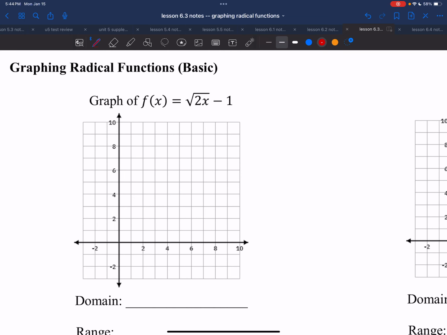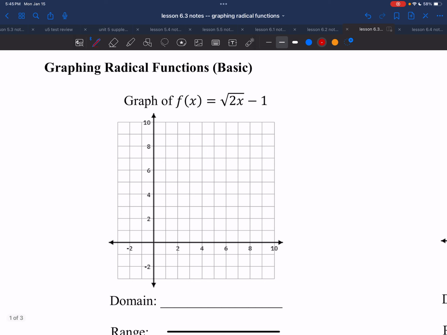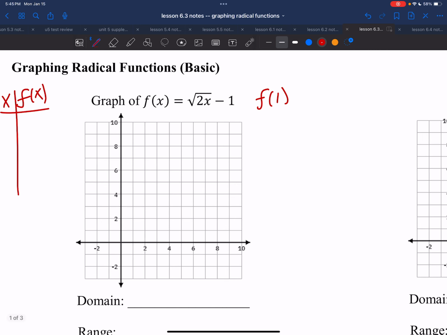Okay, let's get started. Graphing radical functions, basic. You're going to look at the ones that you mostly did in Unit 1. And you're really just looking to plug in creative points that work well. What do I mean by that? Let me make a table. Suppose you evaluate this function at f of 1. If you substitute 1 for x, this would be the square root of 2 times 1 minus 1.